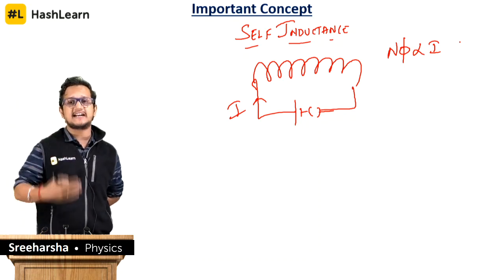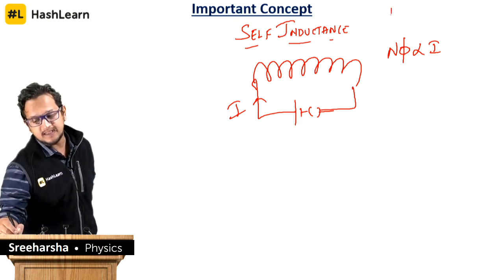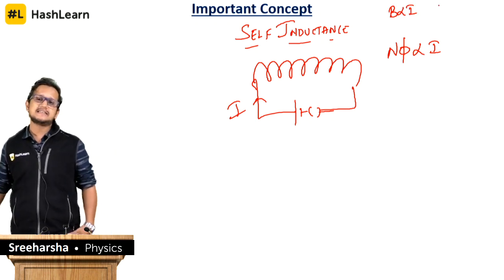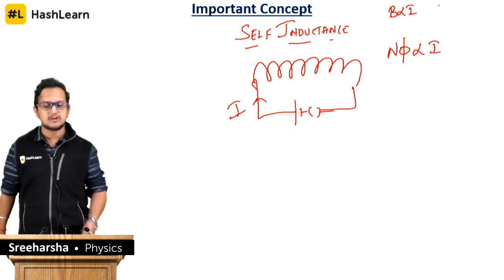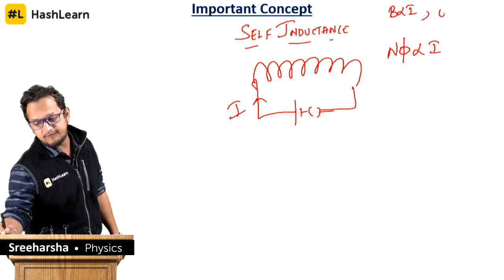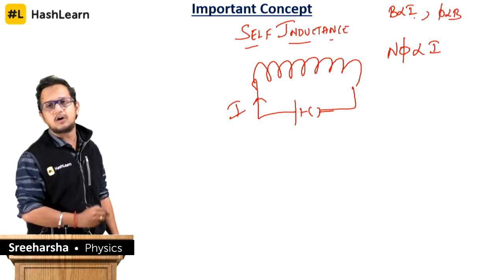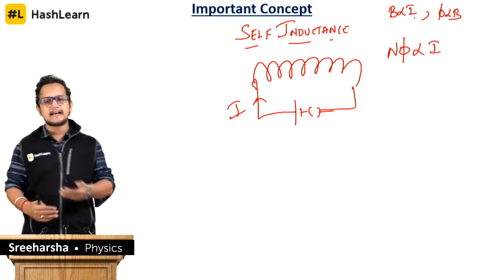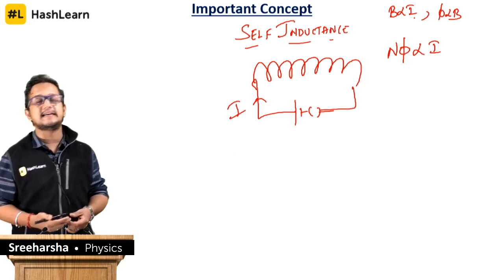We know that the magnetic field is directly proportional to current. When the current is increasing, then the magnetic field is also increasing. When the magnetic field is increasing, then the flux will also increase. So I can directly write that flux is directly proportional to the current.